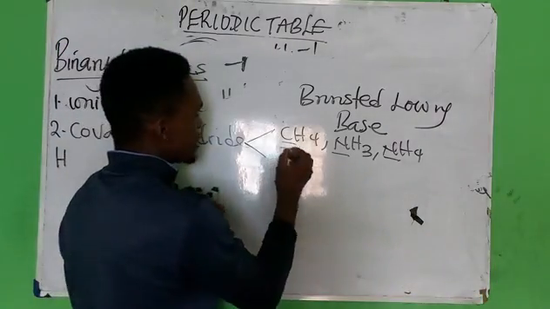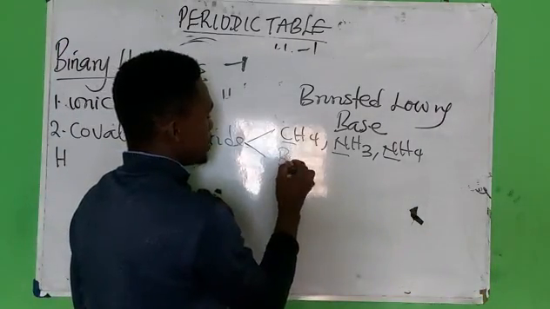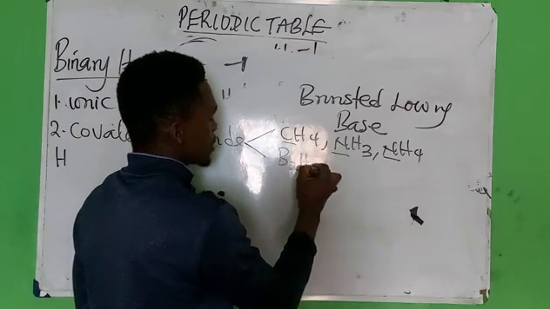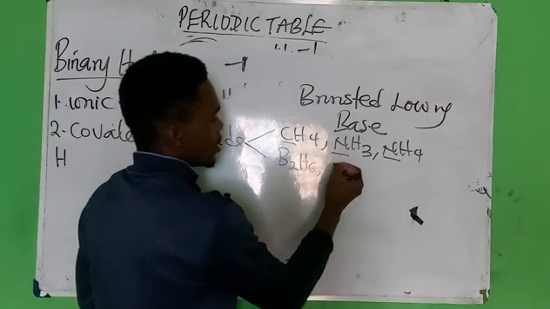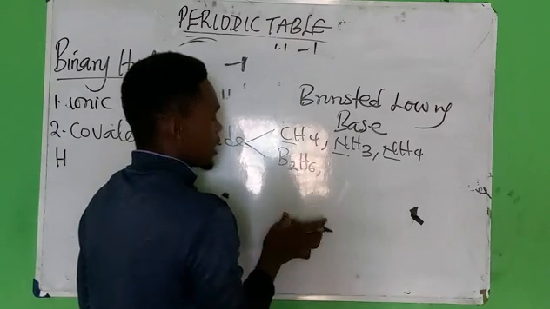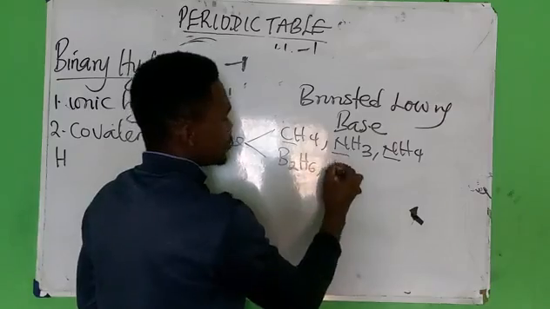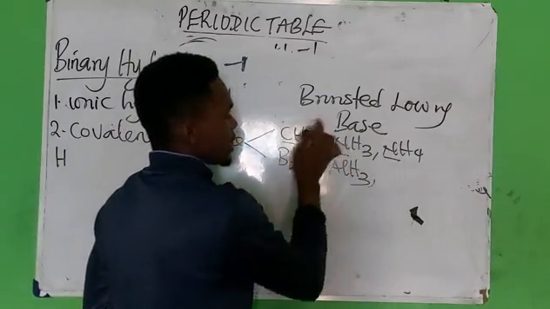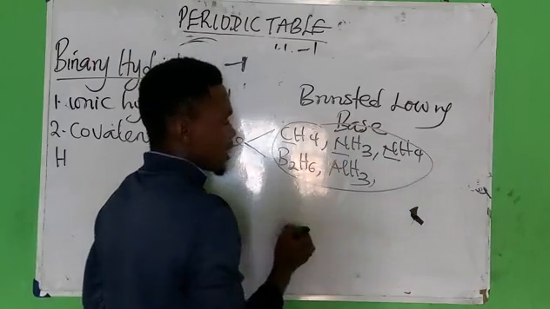For example, if I have B2H6, I also have aluminium hydride. All of these are examples of covalent hydrides.